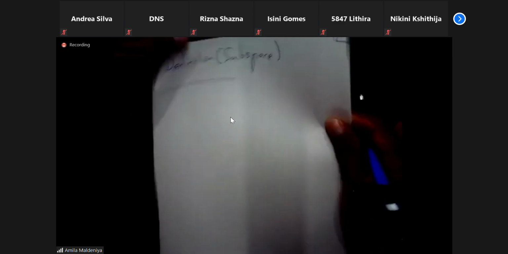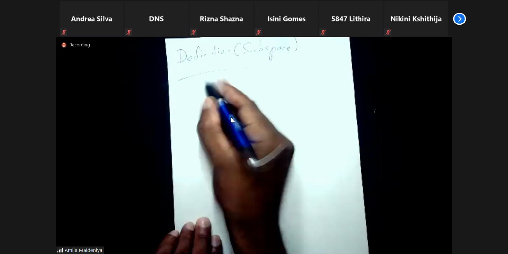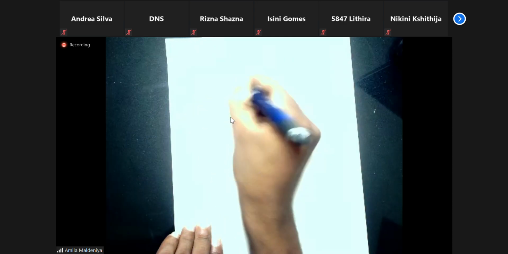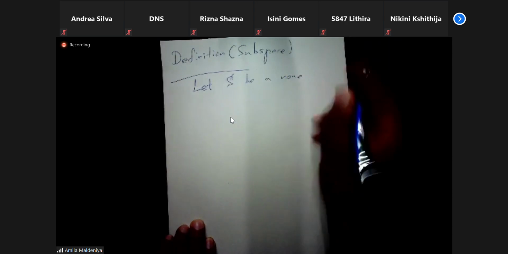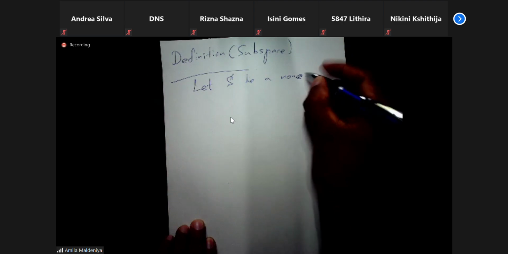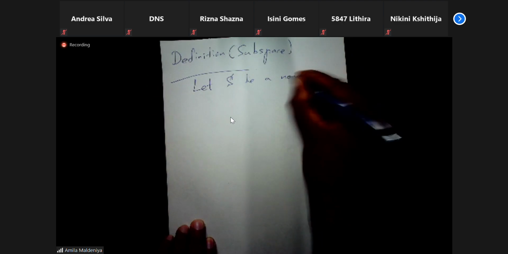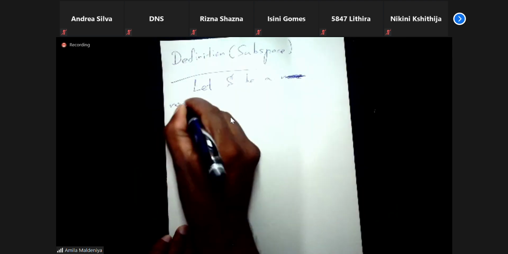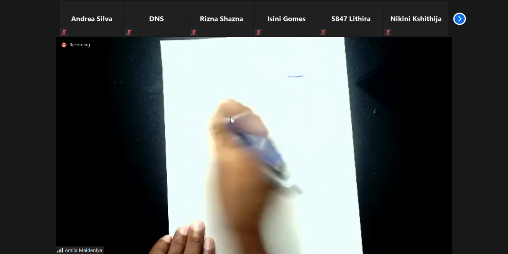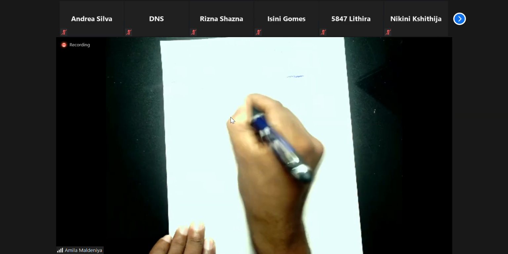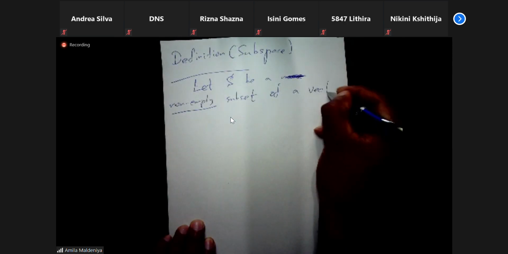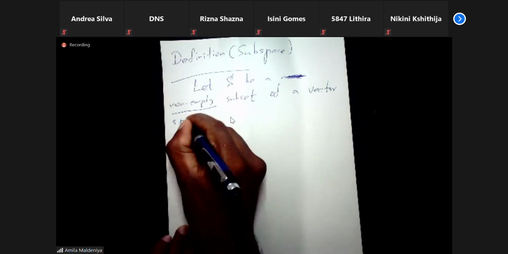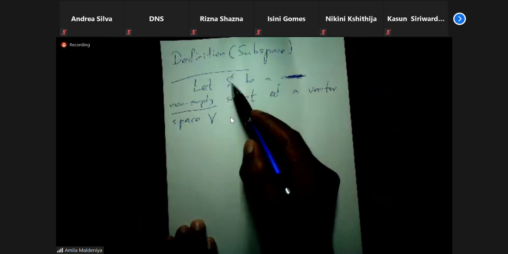Right, now let me write down the definition. Let capital S be a non-empty subset of a vector space V. Non-empty is important.